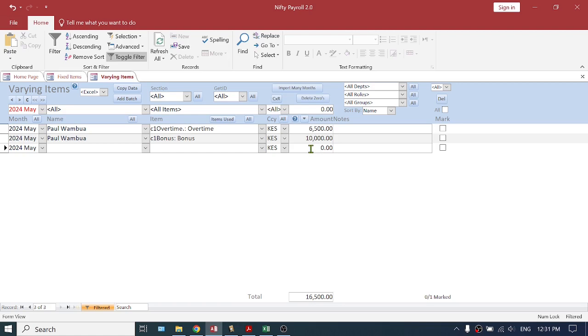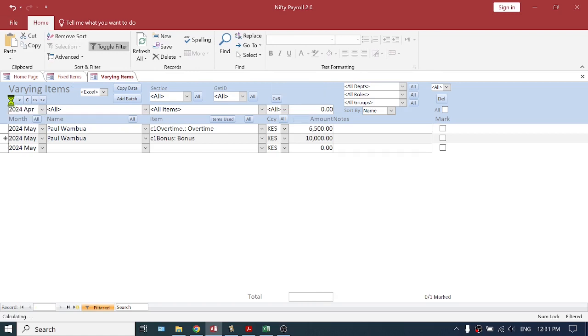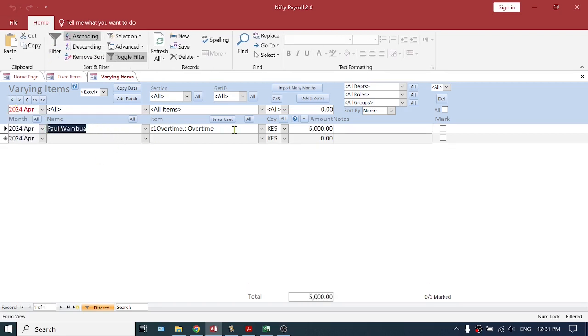You pay maybe once or twice a year. So varying items would be the right place to put something that is not paid often, and you specify the particular month to which it applies, or something which changes. Like this overtime of 6.5 applies to May, but if we go to April, same person, overtime again, but the amount was 5,000. So it varies from month to month.